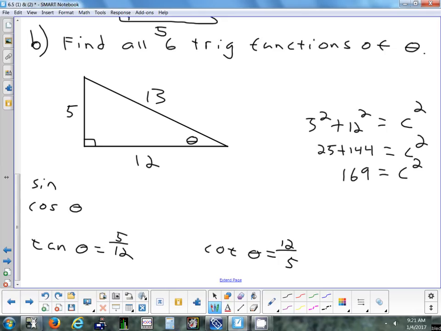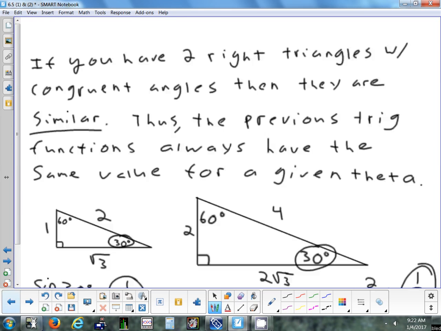So what is my sine? What's the definition of sine? No, sine is opposite over hypotenuse.